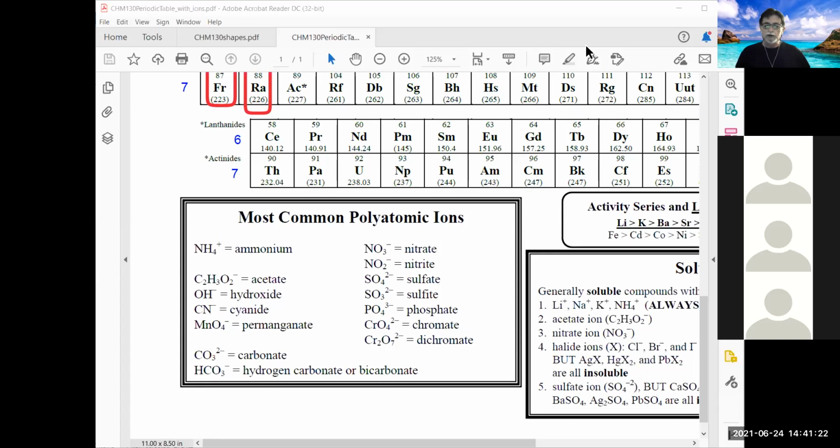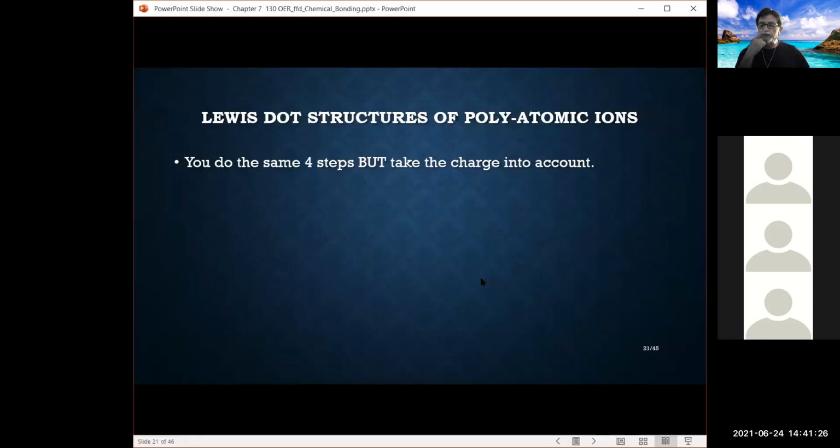So we're going to talk about how to come up with Lewis dot structures for these polyatomic ions. The process is the same as far as the initial steps, and that is we add up the valence electrons and then come up with a number.